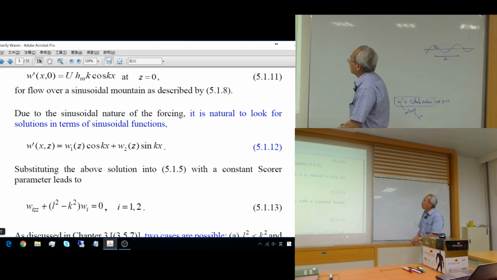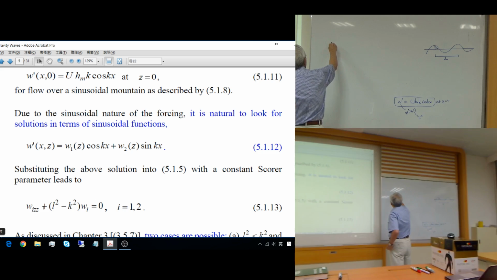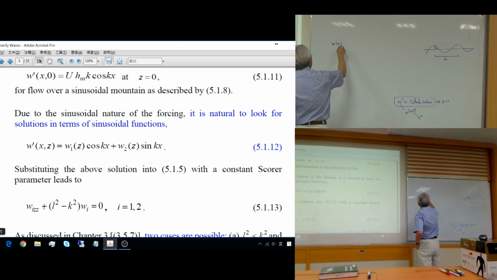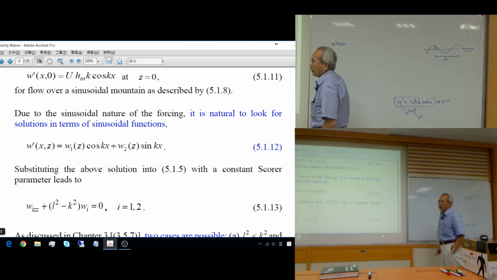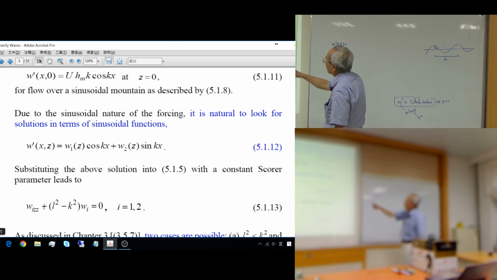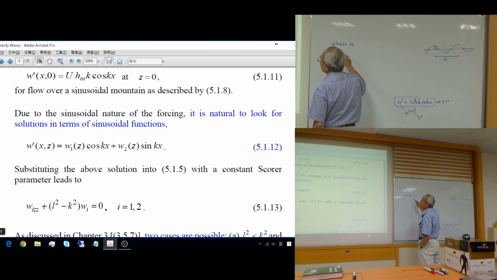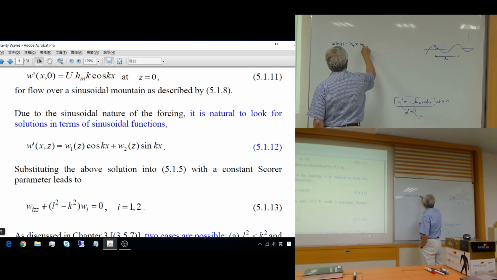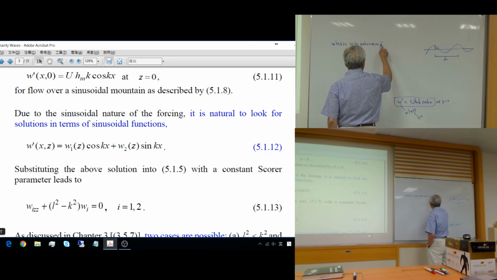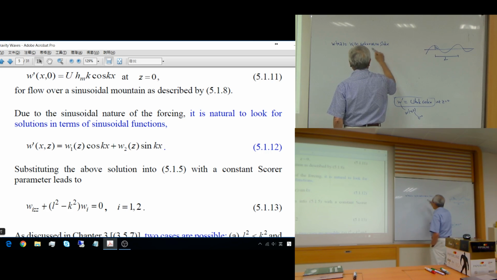Okay, so now w prime of x, z, we have two parts. One we call W1 of z, and then cosine kx, plus W2 of z, that is associated with the sine part, like this.